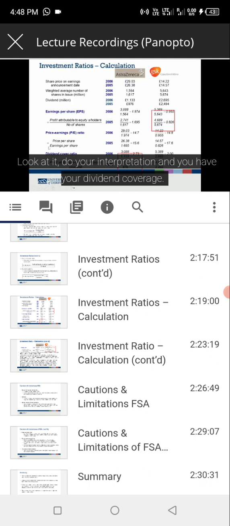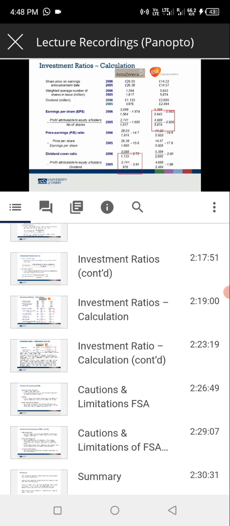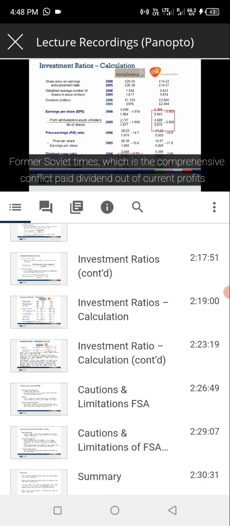And you have your dividend cover ratio, all right? Profits attributable to equity shareholders over dividend. And we are saying this is 2.73 against 2.81. And for GSK, 2 against 1.88. So here, you can see that the profits over the dividend is 2.73 times, which means the company is comfortably paying dividend out of current profits.